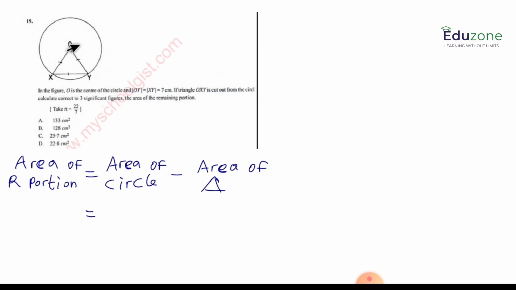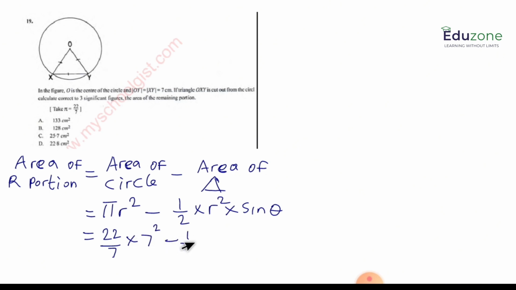From the diagram, our radius is 7. So area of circle is pi r square, minus the area of a triangle, which is 1 over 2 times r square times sine theta. Pi is 22 over 7 normally, times our radius 7 square, everything minus 1 over 2 times 7 square times sine theta.